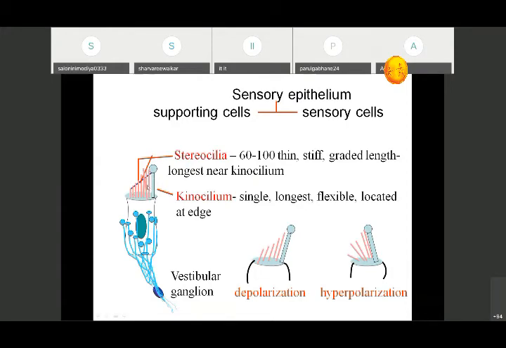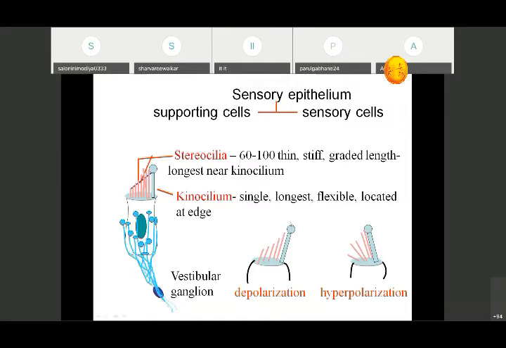These stereocilia are attached at the top by means of filamentous attachments. So the first stereocilium is attached to the second and the second to the third, and in this way the last one is attached to the kinocilium. Now whenever there is a distortion in the cilia due to the weight of the statoconium, these cilia are embedded in the gelatinous membrane.